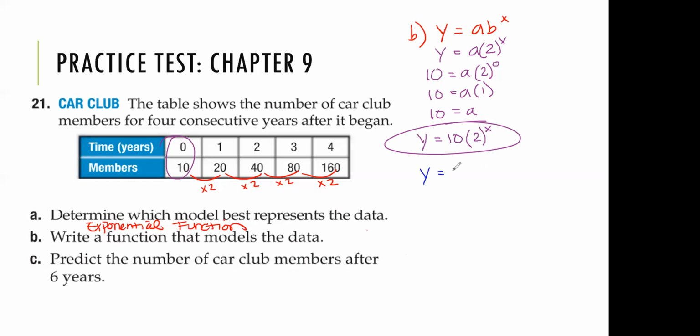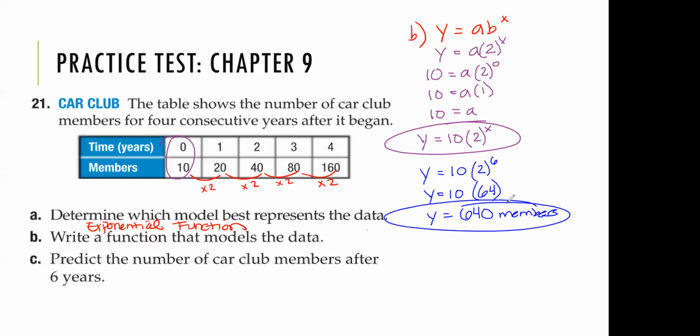So y equals 10 times 2 to the power of 6, okay? So 10 and 2 to the power of 6, 2 times 2 times 2 times 2 times 2 times 2 is 64, okay? So 64 times 10 is 640 members, okay? And that was part C, okay?